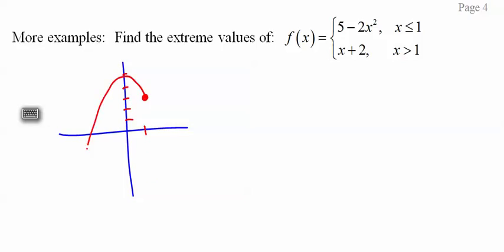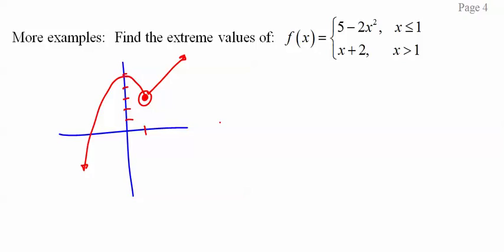So we got something like that going on. And then x plus 2 greater than 1, 2, 3. So it looks like it's a circle around that and goes like that. Yeah, I think I got it right. So, no absolute max. It's infinity, but we're not going to say that.